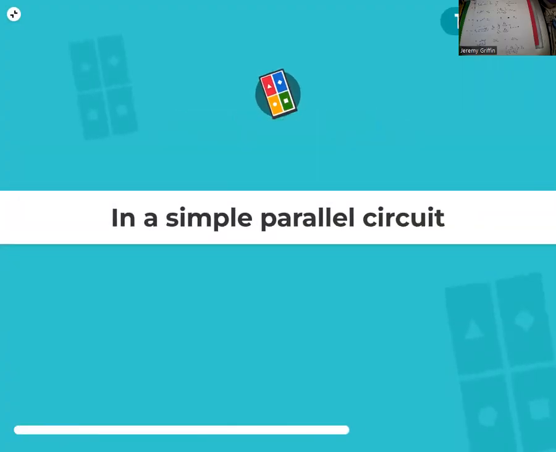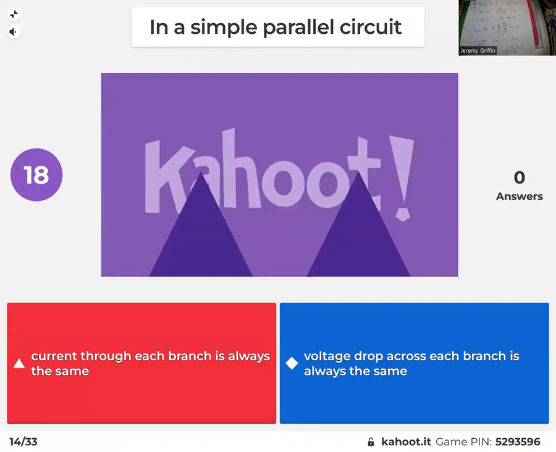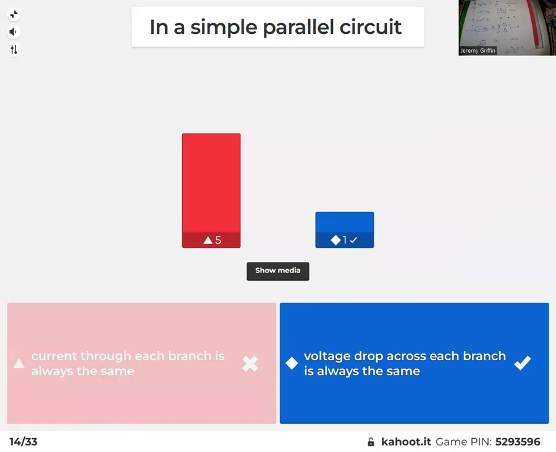Okay. In a simple parallel circuit, oh, one winner, one winner.